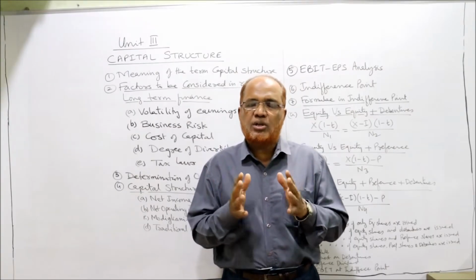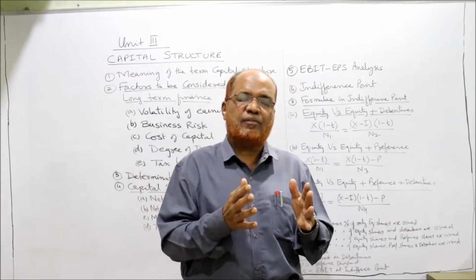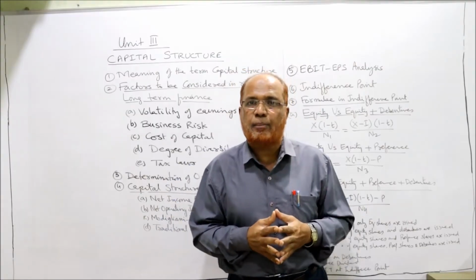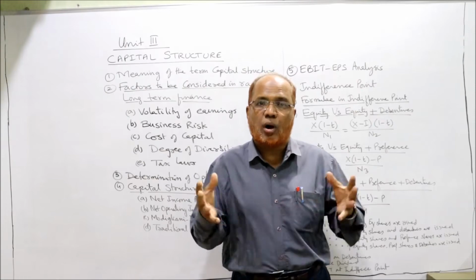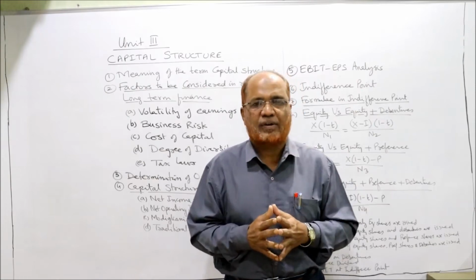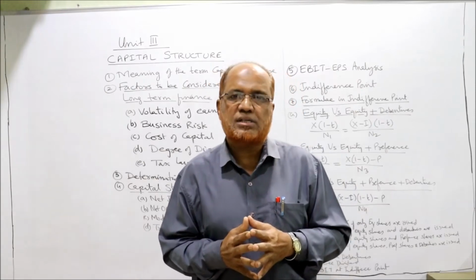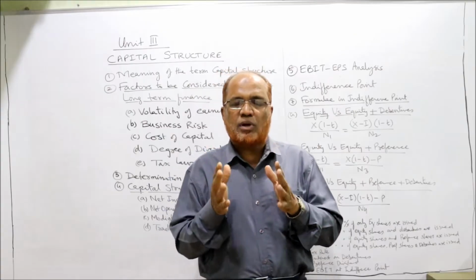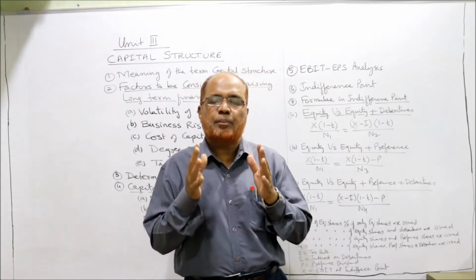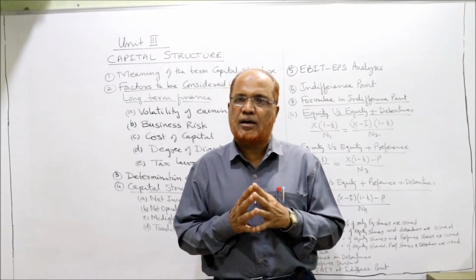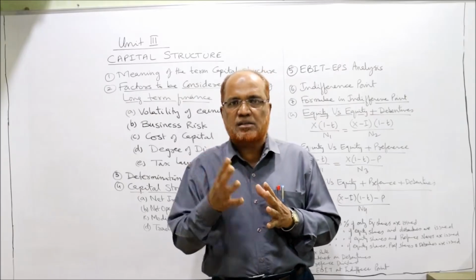The combination of equity, preference and debenture is called capital structure. Combination of all long-term funds is called capital structure. So it is the responsibility of the finance manager to make a proper capital structure to maximize the market price of the share.